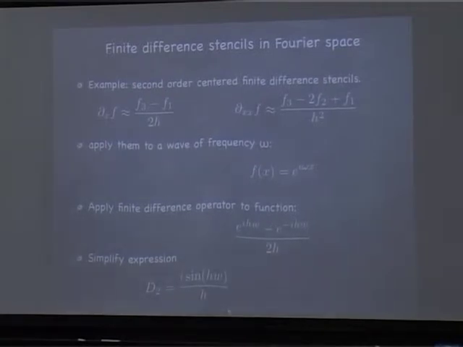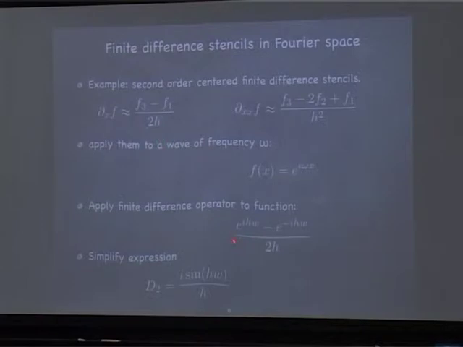And then if we want to translate this to the Fourier domain, we can just ask what happens if the function that we want to differentiate is a sine wave, e^{iωx}, okay? Now we apply this algorithm to that function, and for this one, we just get (e^{ihω} − e^{−ihω})/2h.